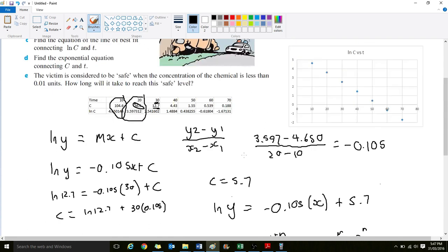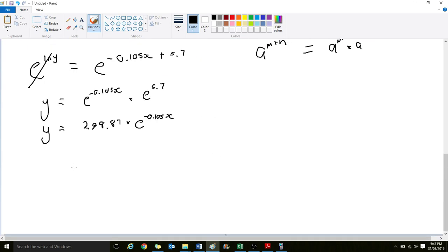for the last part, it says the victim is considered safe when the concentration is less than 0.01 units. Okay, so we're going to have 0.01 here is equal to 298.87 times e to the power of minus 0.105 x, and what we're doing is we're solving for x. Okay, so we're going to divide both sides by 298.87 to get rid of that.